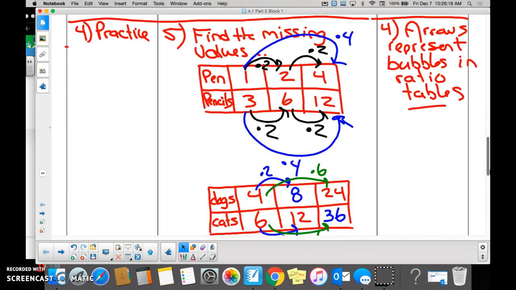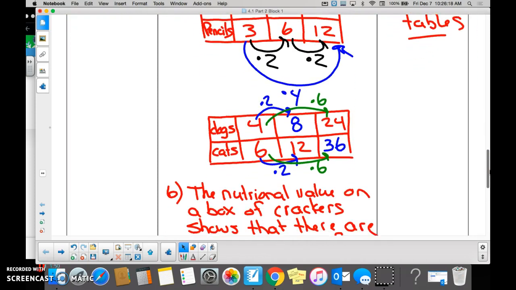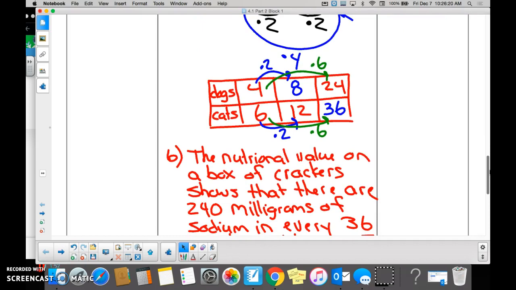Number 6, in this situation with dogs and cats, I gave you the fact that one of my friends had 4 dogs and 6 cats, and another one of my friends had 12 cats and an equivalent amount of dogs to my first friend. So you figure that out by calculating how many more times dogs my second friend had, right?